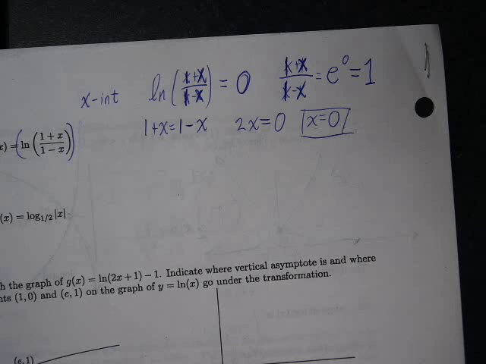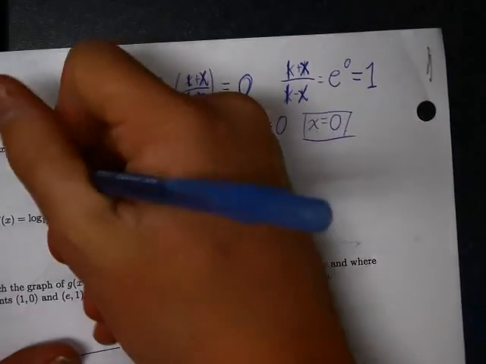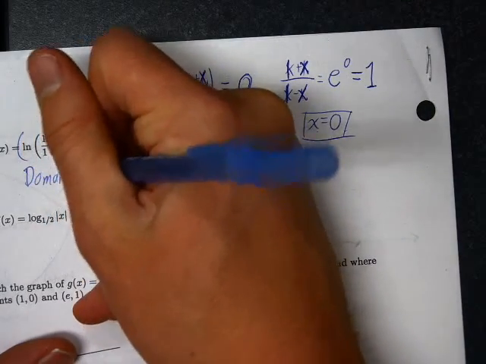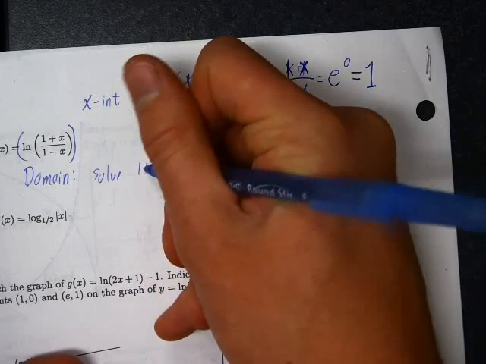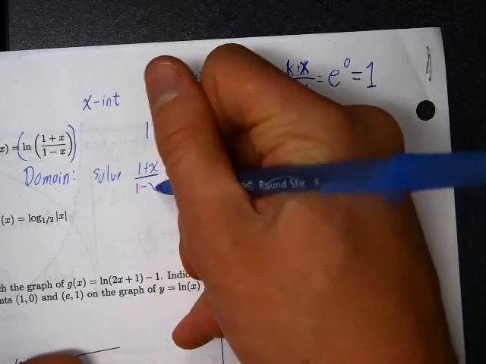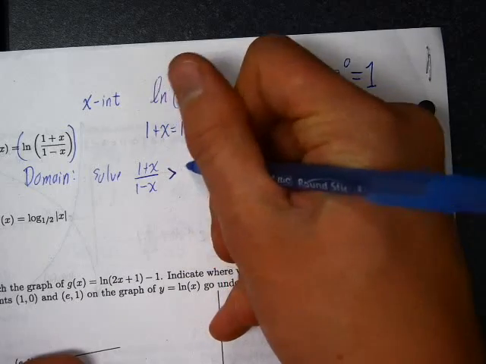What inequality do you need to solve to compute the domain? Well, what things can you put inside of a log? Positive things. So if you want to find the domain, you need to solve (1 plus x) divided by (1 minus x) is bigger than 0.